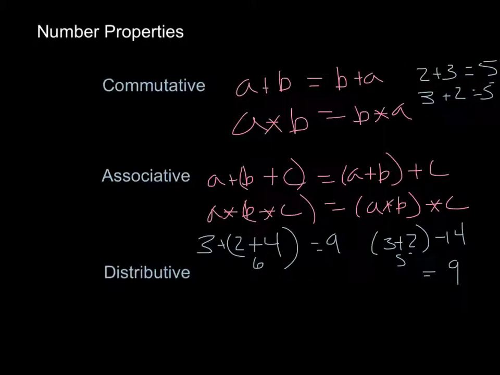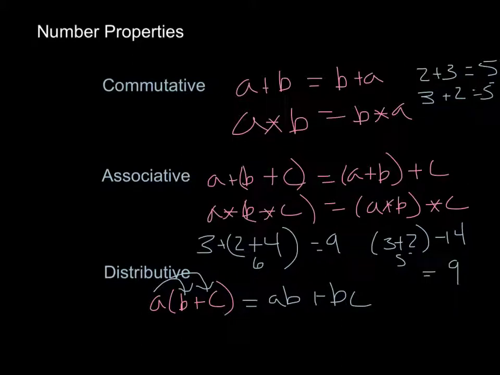Distributive is probably the most straightforward, and I think you guys are probably mostly familiar with this. It's the idea that when you have some number A times the quantity B plus C, you can multiply like this: A times B plus A times C. So, for example, if I had 3 times the quantity x plus 2, I distribute and I end up with 3x plus, and 2 times 3 is 6.